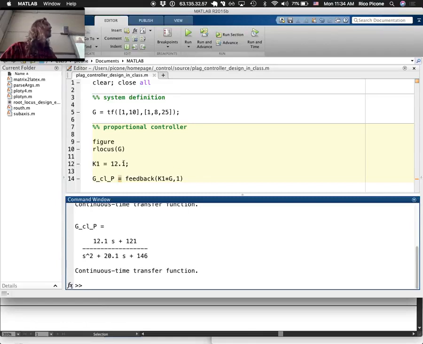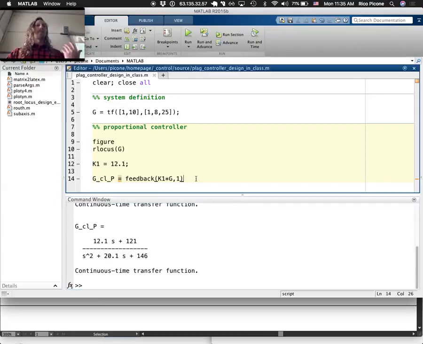If we increase the gain some more, we could also improve it more in terms of the settling time. But we usually aim for just right at the cusp because if you increase the gain more, typically you require more control effort. And more control effort means that you have to have bigger amplifiers and all that. So we tend to want to do a minimal amount of control effort if possible. So that's our controller designed for a proportional controller.